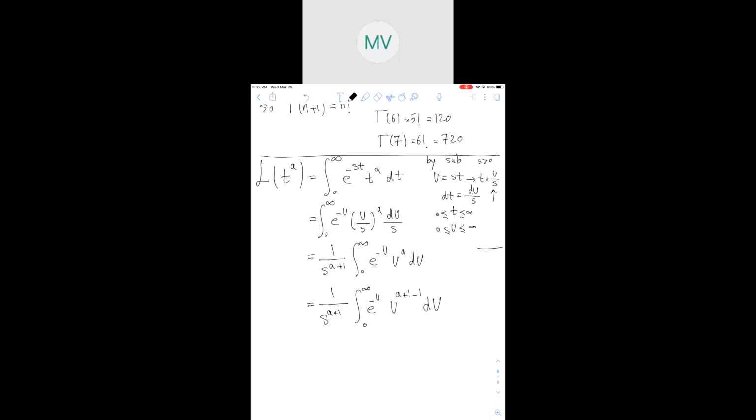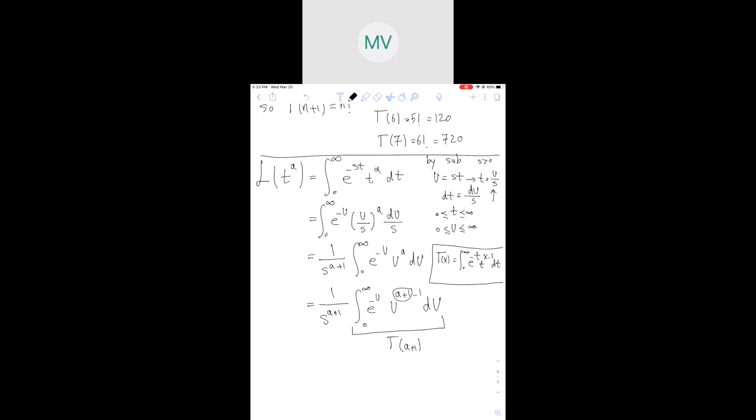On the side here, I'm going to write down the formula for gamma of x again. So gamma of x was 0 to infinity, e to the negative t, t raised to the x minus 1 dt. Now I want to ask you guys, what is that in terms of gamma function? In fact, what's the input of gamma? This is equal to gamma of a plus 1, correct.